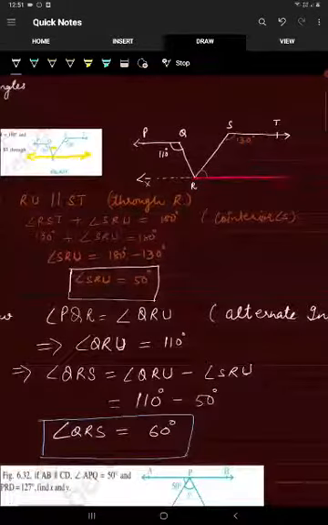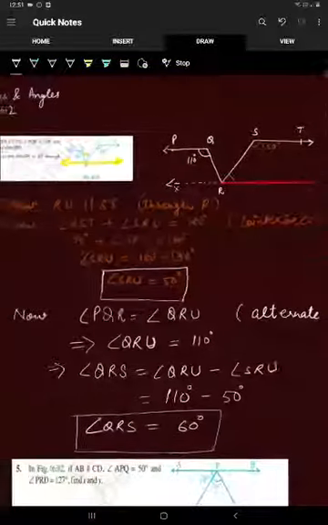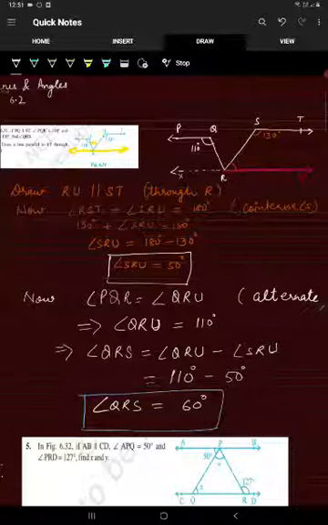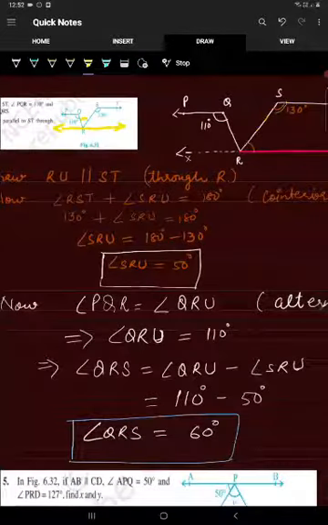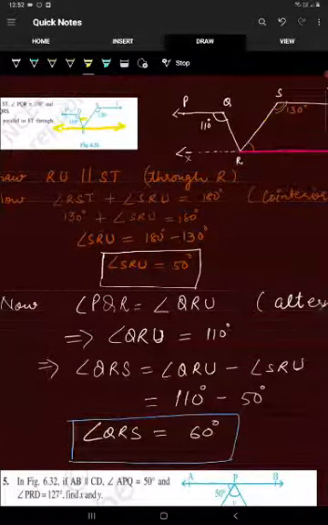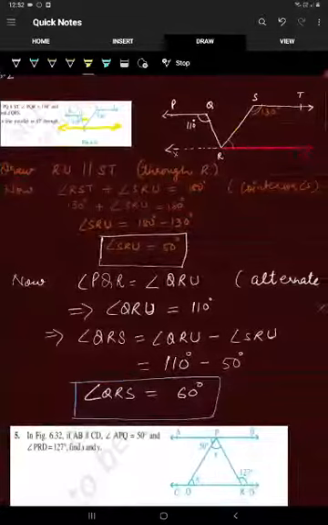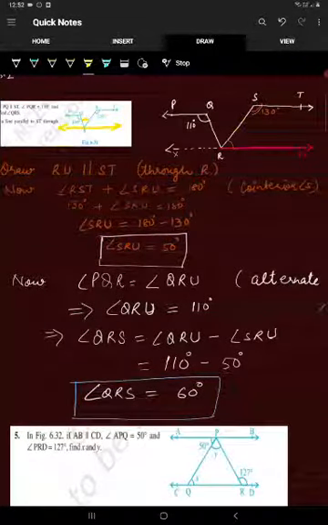Now, since through the construction we have drawn RU parallel to ST, angle RST and angle SRU will be co-interior angles, or we can say these are interior angles on the same side of the transversal, and their sum will be equal to 180 degrees. We know that the value of RST is 130 degrees. Putting it here we can find the value of angle SRU, which comes out to be 50 degrees.